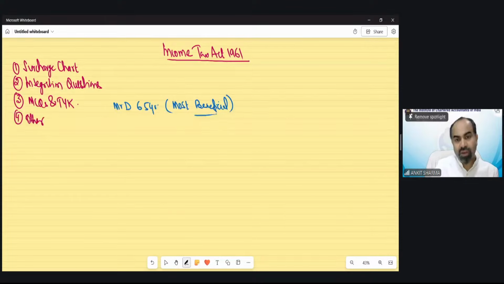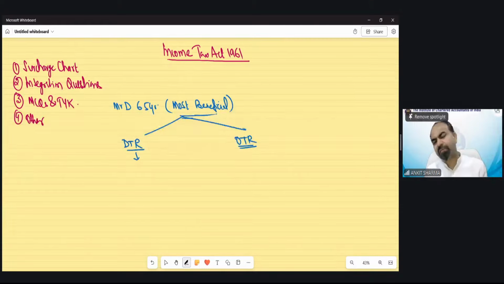Clear? So if that line has been given in the question, that means we have to calculate tax as per both methods, default tax regime and optional tax regime. Under the default tax regime, because the income is slightly exceeding 5 crore rupees, the marginal relief concept would not be applicable.